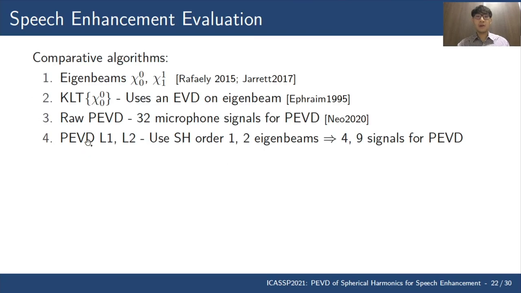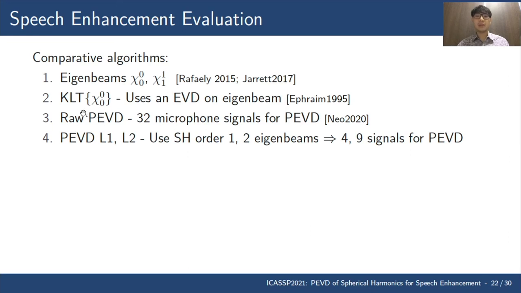We compare two versions of our proposed algorithm, which use the first order and second order spherical harmonics decomposition. Consequently, we will have 4 and 9 eigenbeam signals for the polynomial EVD algorithm. 2 eigenbeams are also considered: the omnidirectional beam, chi of 0, 0, and the directional beam, chi of 1, 1, that is directed at the source.